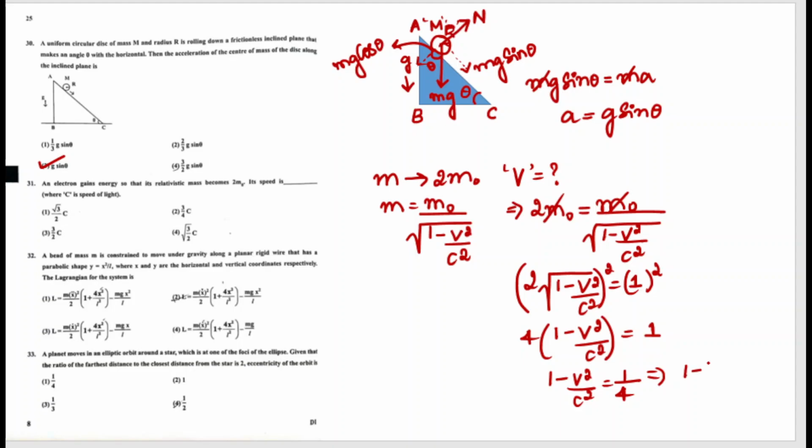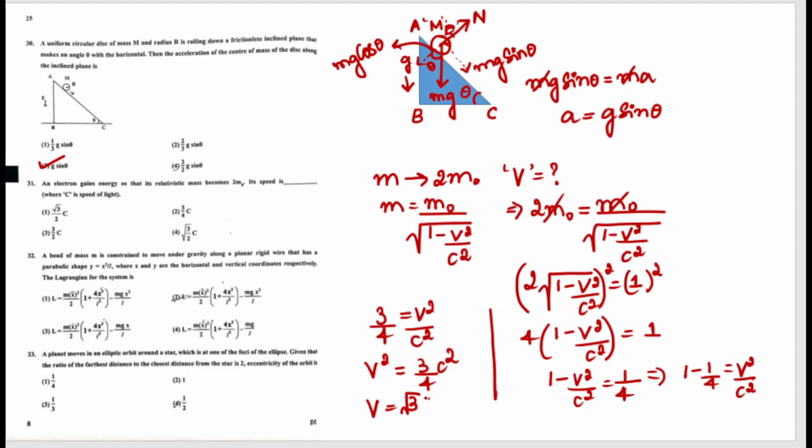So it is 1 minus 1 by 4, which is equal to v square by c square, that is 3 by 4 equal to v square by c square. On cross multiplying I got v square equal to 3 by 4 times c square, or on taking the square root, v equal to square root of 3 into c divided by 2. So this is the answer for the speed.